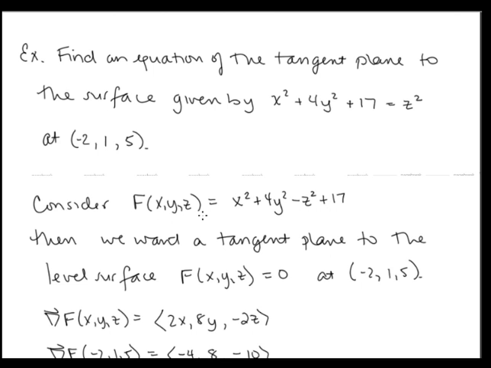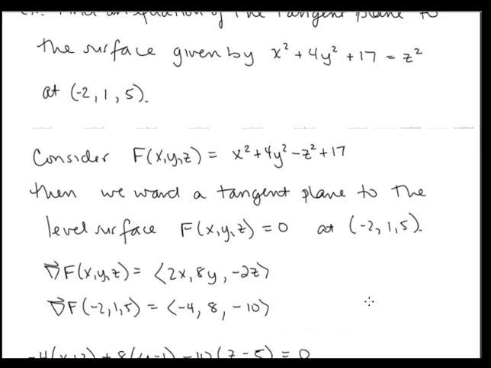So I'm going to create my capital F to be x squared plus 4y squared minus z squared plus 17. So I'm bringing the z squared over, and then I'm saying that our surface is the level surface, F of x, y, z is equal to 0. And so we're looking for a tangent plane to this level surface at this point.